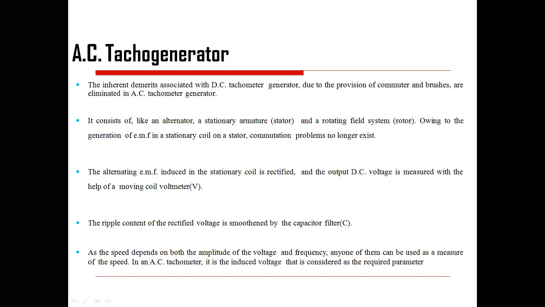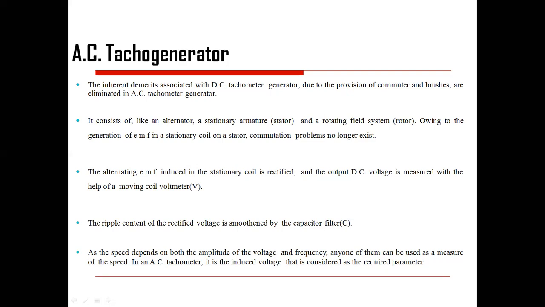That we will go through in detail in the next slide, where I will show the structure. The ripple content of the rectified voltage is smoothed by the capacitor. Why is the capacitor used? Because of the ripples. What are the ripples?